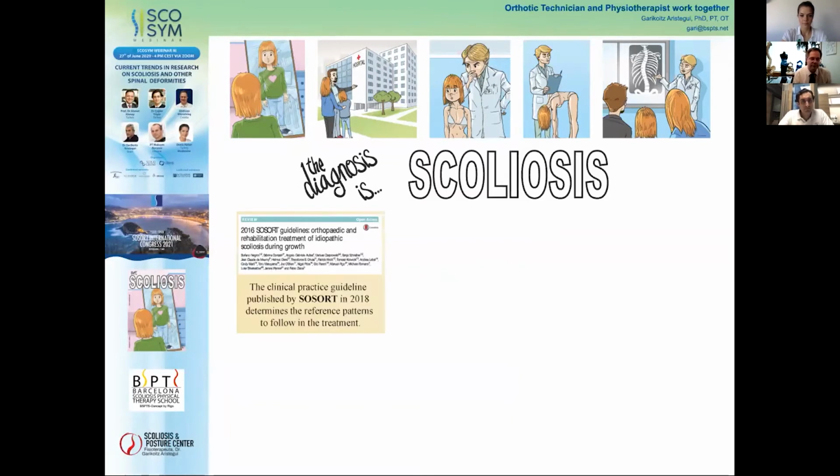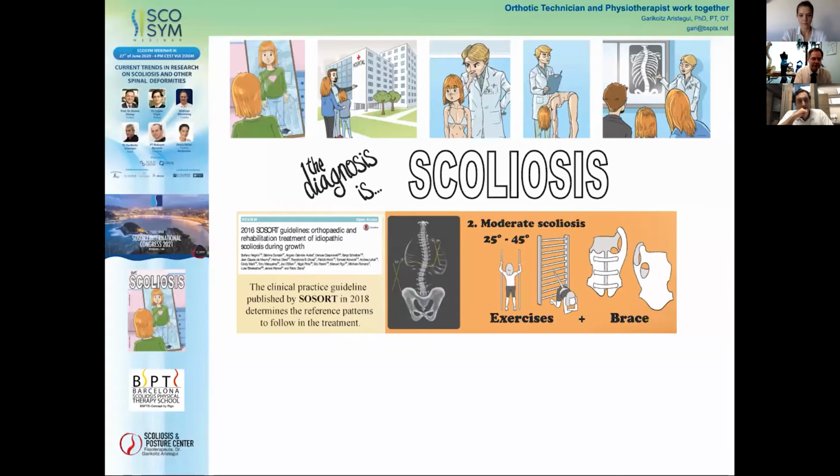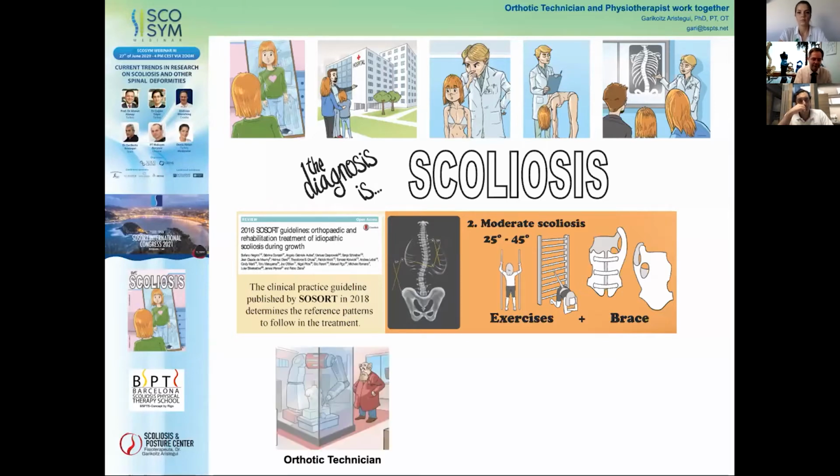We have as a reference the SOSORT guidelines published in 2018. Here we are speaking about a right thoracic and lumbar curve of more than 50 degrees, and this girl is going to do exercises and also a brace. Who is going to do this work? An orthotic technician who is a physiotherapist.